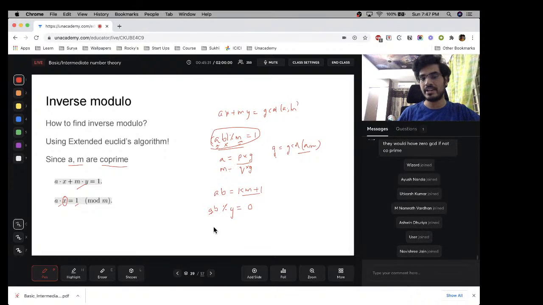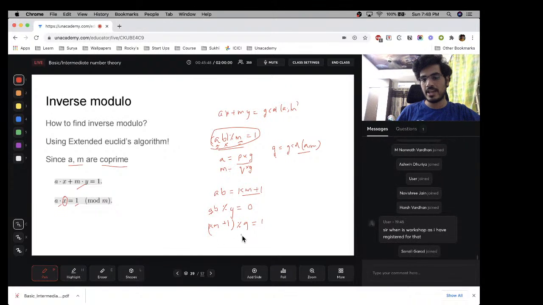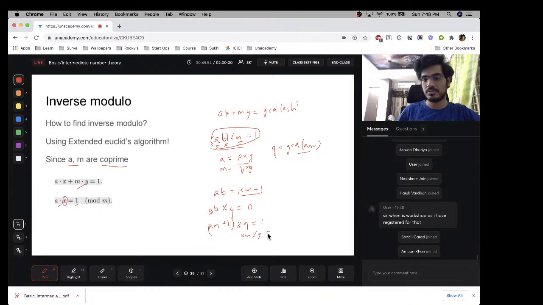But the right hand side, KM plus 1 mod G, this will be equal to 1. This is because KM mod G equals 0.